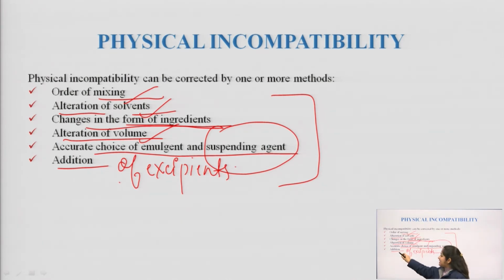And lastly, addition of proper excipients plays an important role in deciding whether the formulation is going to remain intact throughout its shelf life. So, choosing of excipients is a very important and vital step in ruling out the possibility of physical incompatibility. So, that is all about physical incompatibility.